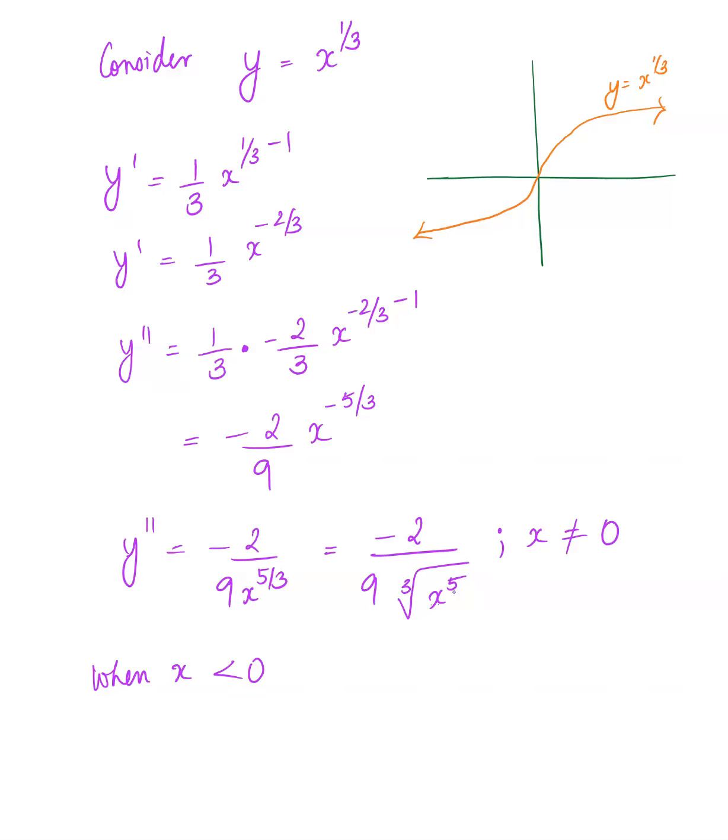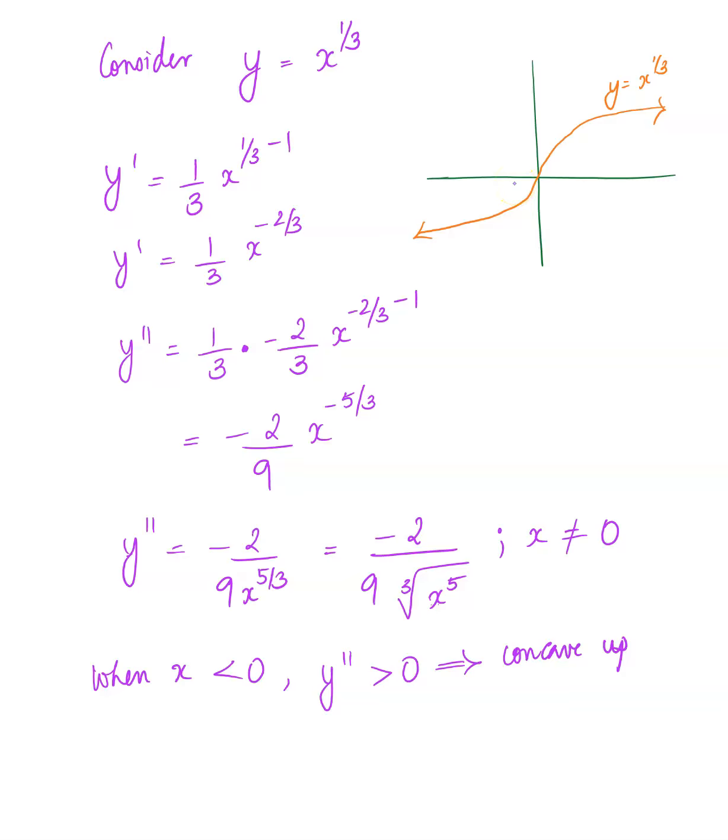So cube root of a negative quantity will come back as a negative value, right? Therefore, y double prime will be negative of a negative quantity, which will make it positive, which implies concave up. And see the graph. The graph is concave up, right?